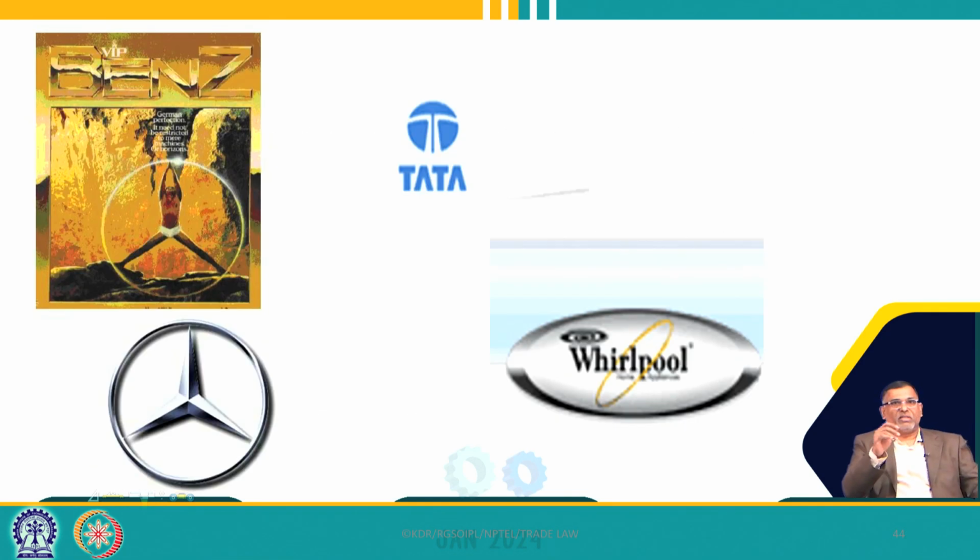But in some of the cases, you can see here one Indian manufacturer of undergarments comes to this particular advertisement, VIP Benz, shown in the picture. The name is Benz. So, the Benz company sued this particular company for violation of its trademark.